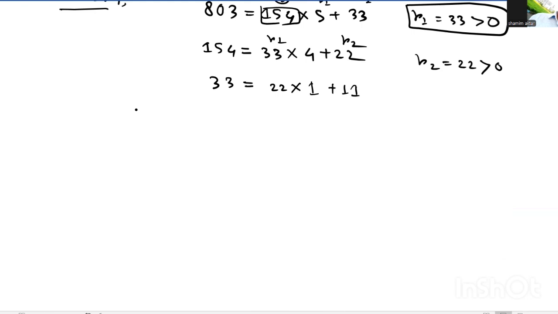Here we have r1, r2, and this is r3, and r3 is also greater than 0. So now r2 is written in this form: 22 equals 11 times 2 plus 0. This is r4 equals 0.